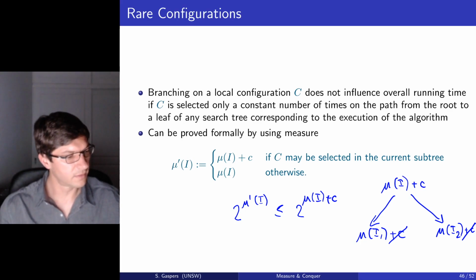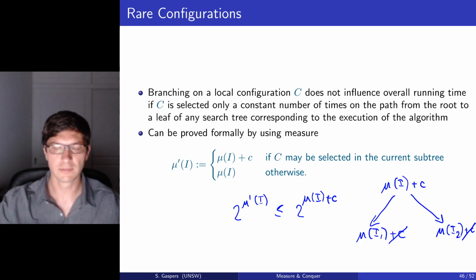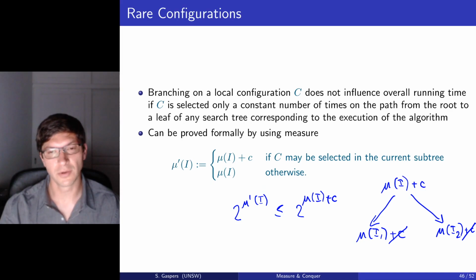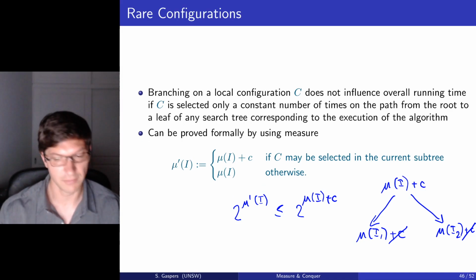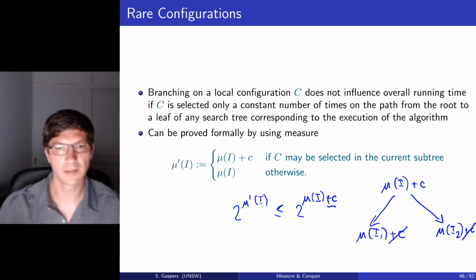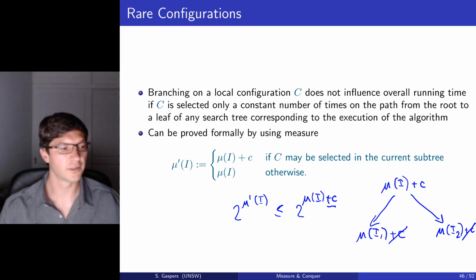So this means that my measure has decreased by some constant that I can choose. I can choose what this constant is, and I can make this constant as large as I want. If I'm willing to sacrifice a large constant factor here in the running time, I can make this constant as large as I want.